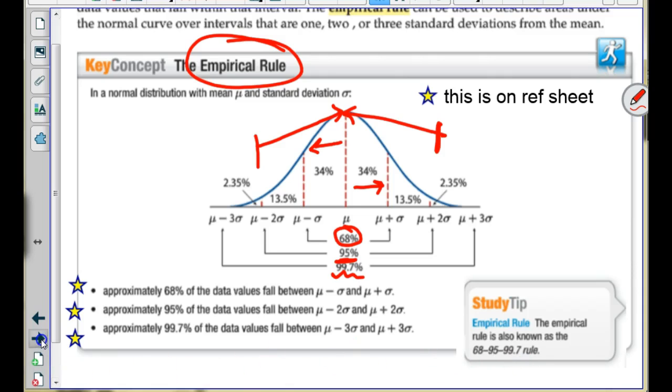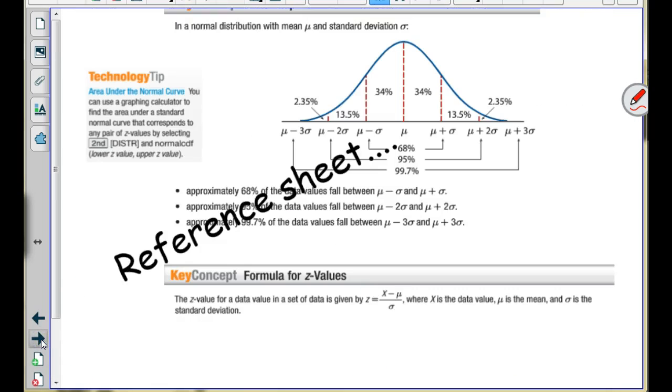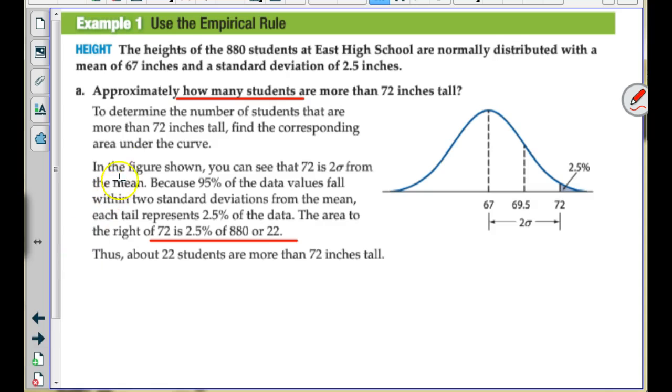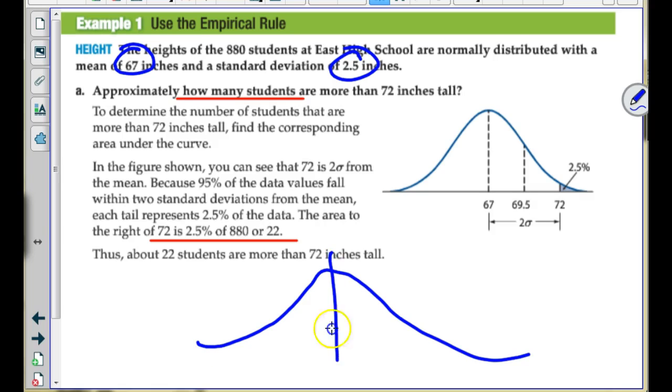Okay, now let's talk about what that means. You will get a reference sheet eventually. For today, I just want you to use the top of that worksheet. So it says the height of 880 students are normally distributed with a mean of 67 and a standard deviation of 2.5. Okay, so this is what you're going to do when you hear that information. You're going to put 67 here.